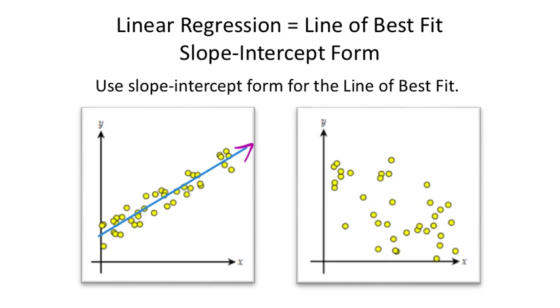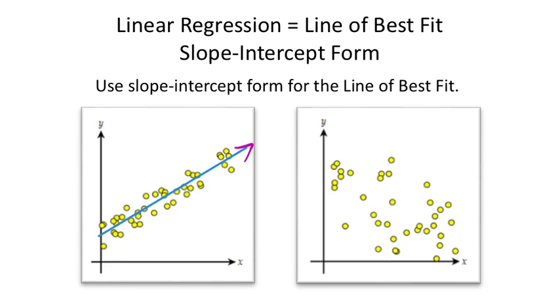Because once you get slope-intercept form down, we'll say we're going to use the line of best fit, even though it's the slope-intercept form of a line. And once you get that down, then we get to say linear regression. So we're using three different phrases for the exact same thing.